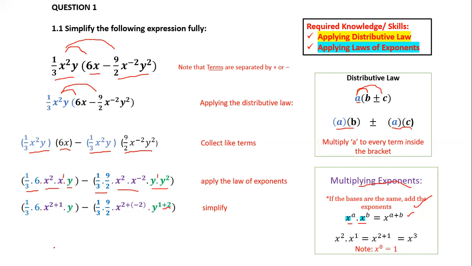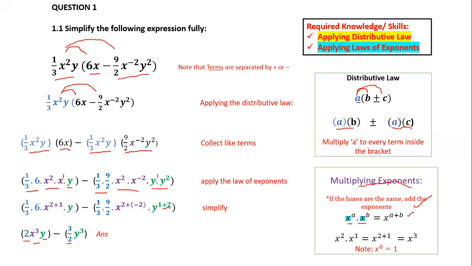And when we do that, we simplify further. We have 1/3 times 6, which gives us 2. X to the power 2 plus 1 gives x to the power 3. And we bring down y. On this side, 1/3 times 9/2 gives 3/2.